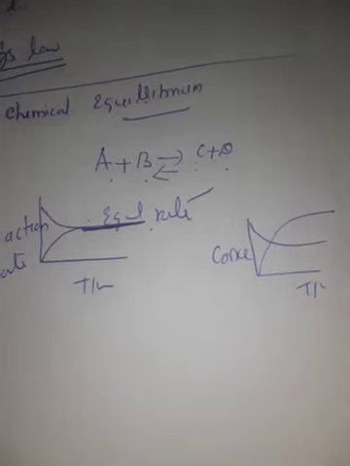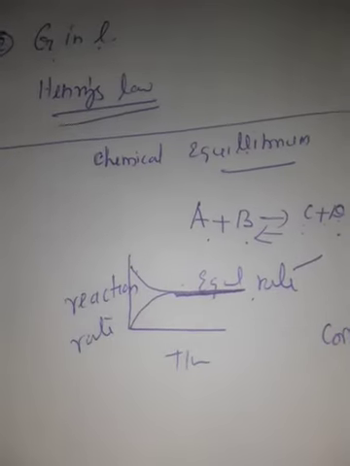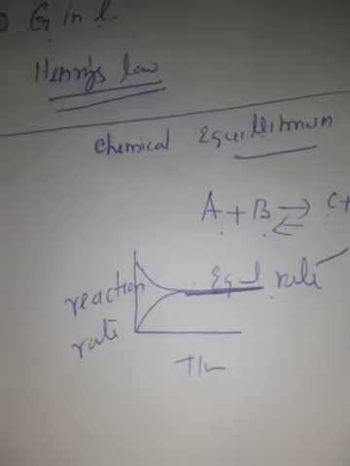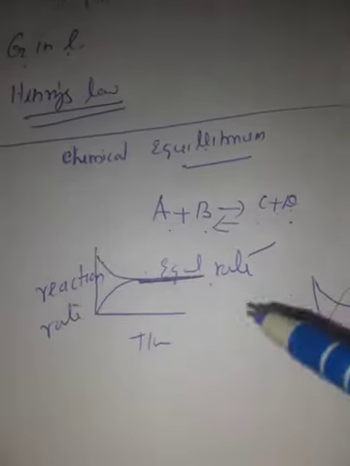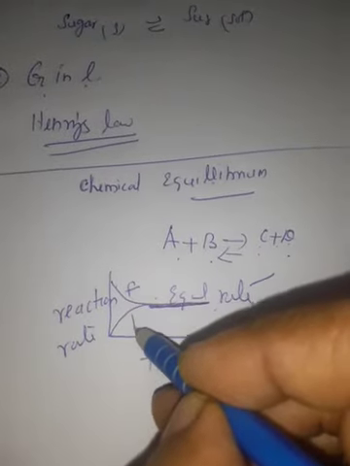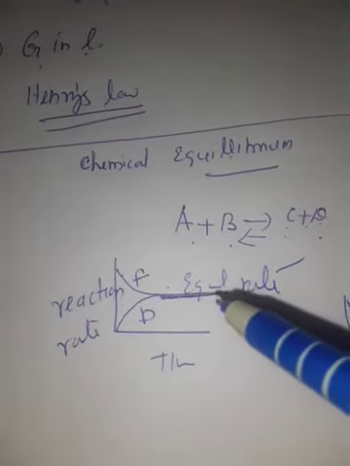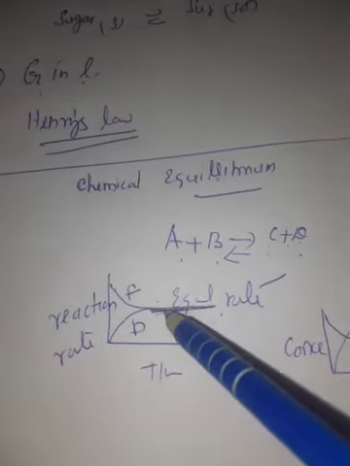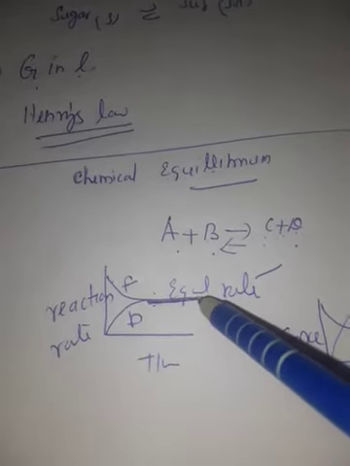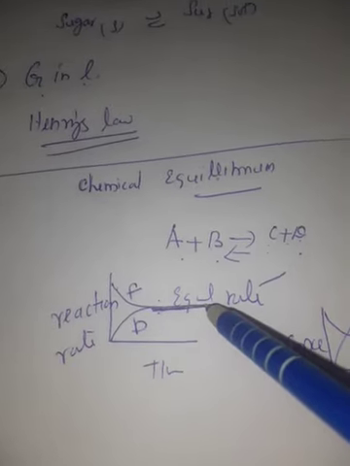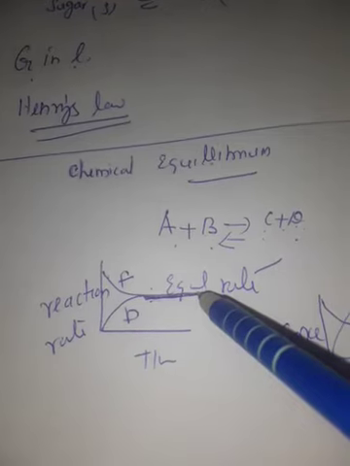So, a chemical equilibrium is said to be dynamic when, at equilibrium, this is the forward reaction, this is the backward reaction. At equilibrium, the forward and backward reactions proceed at the same rate, and no macroscopic change occurs in the reaction.